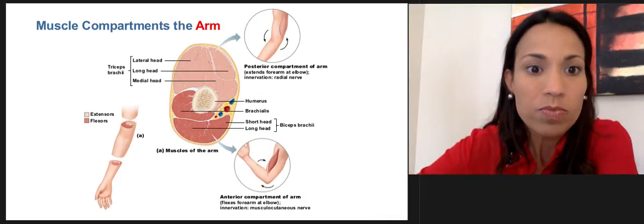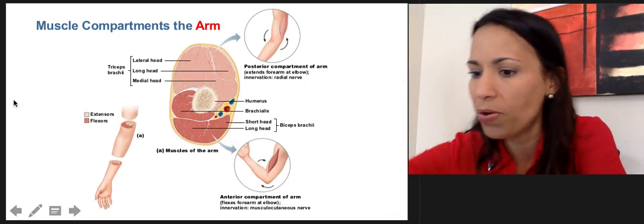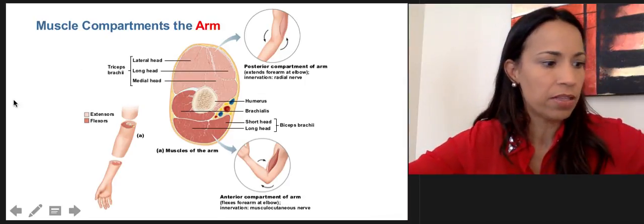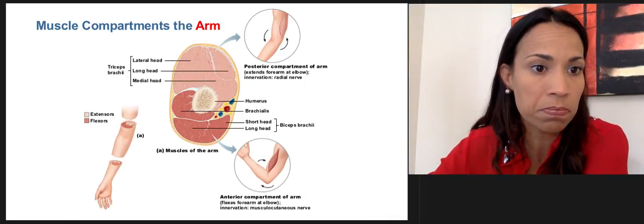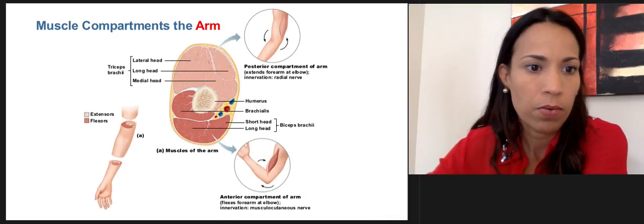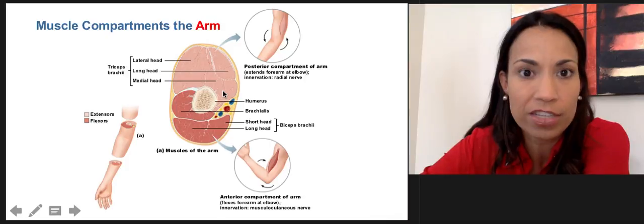Now, on the arm, this is a transverse section of the arm. Okay, cursor. Here I can see the cross section through the arm.